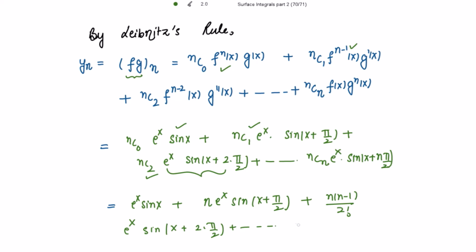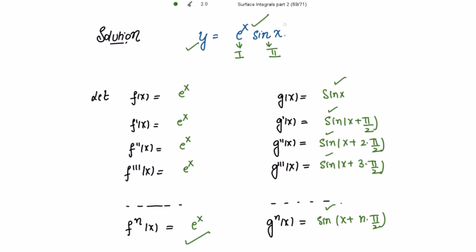It is 1 only, and it is multiplied with e to the power x sine of x plus n pi by 2. So this is the required nth derivative of y. This is how, by using the Leibniz rule, you can find the nth derivative of the product of two functions, where y is the product of e to the power x and sine x. Fine? Okay.